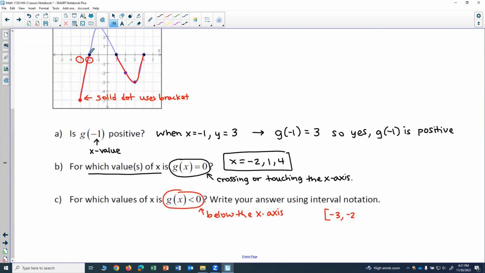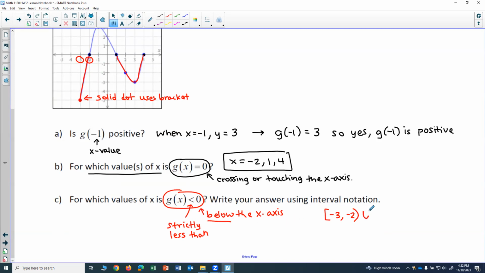Now at x equals -2, g of x equals 0. So I don't want to include the -2. I'll use a parenthesis because this is strictly less than. You may have a problem where it says less than or equal to, and you would include where it crosses the x-axis. But in this case, it's strictly less than, so it's strictly below the x-axis.